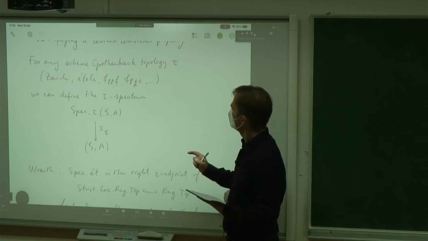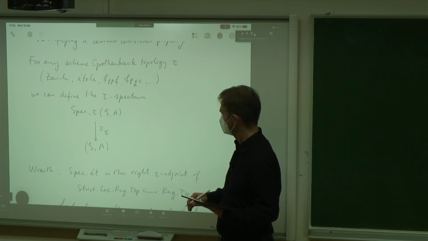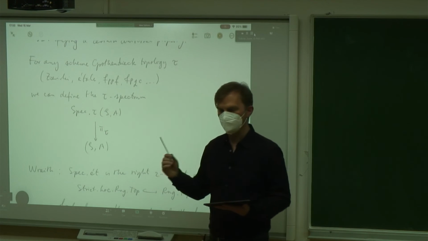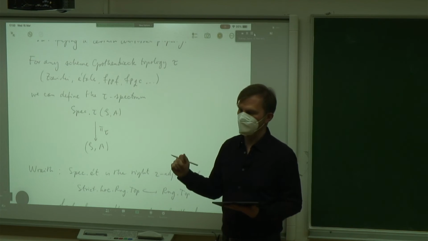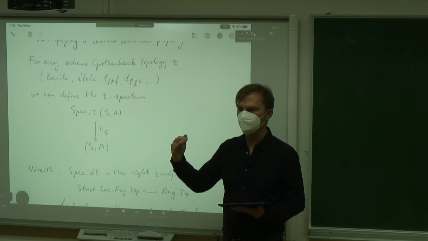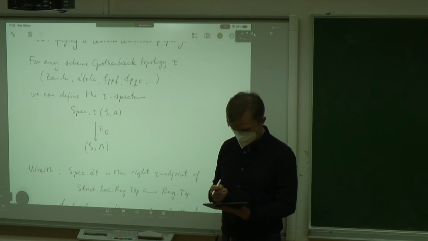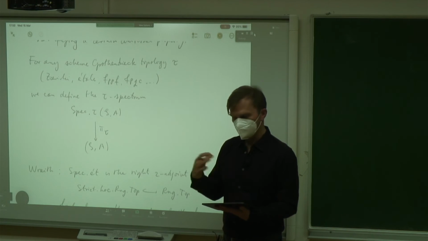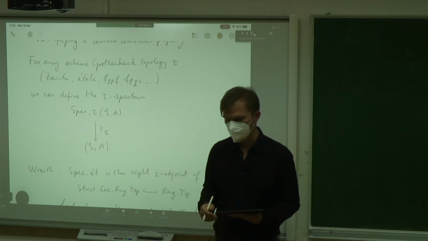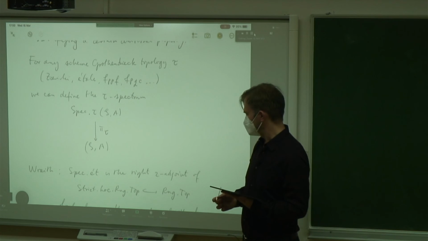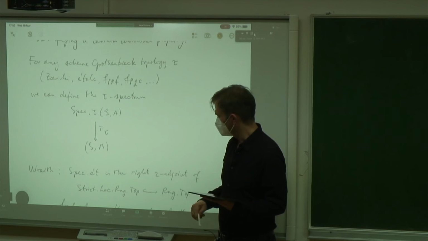So basically, he showed that for the étale case, the tau spectrum corresponds to the passage from the theory of rings to the theory of strict local rings, or in other words, that the situation is closely tied to some kind of classifying topos of strict local rings.